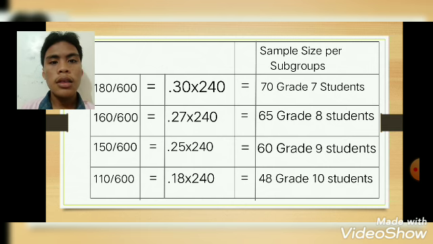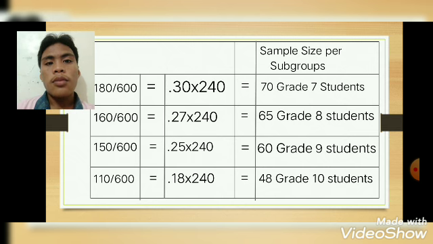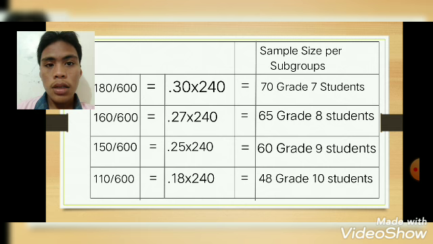180 divided by 600 students is equal to 0.30 times 240 equals 70 grade 7 students. 160 divided by 600 is equal to 0.27 times 240 equals 65 grade 8 students. 150 over 600 equals 0.25 times 240 is equal to 60 grade 9 students.